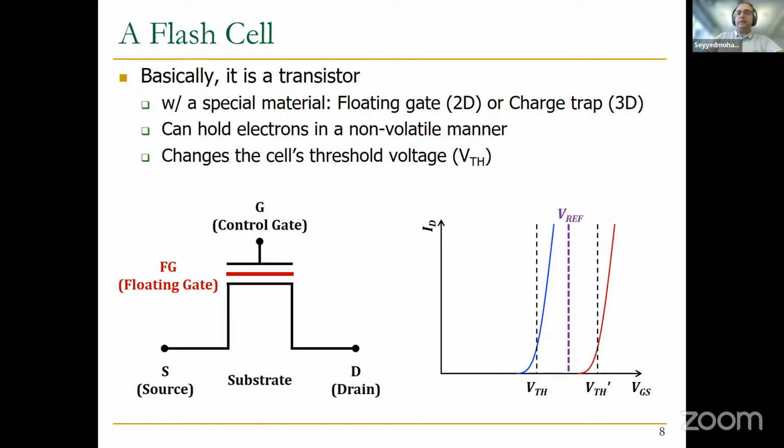By applying that reference voltage, if your flash cell is on, it means that the threshold voltage is the nominal one, and you haven't programmed the flash cell; it's already erased. But if it's off, it means that the threshold voltage is higher, so you have already programmed your flash cell.